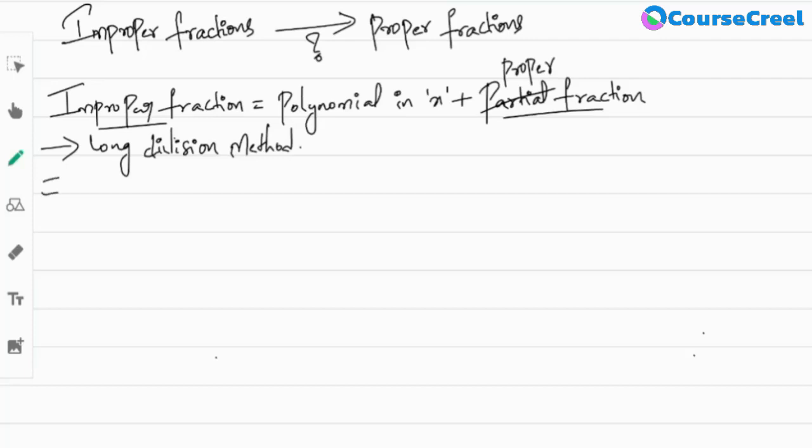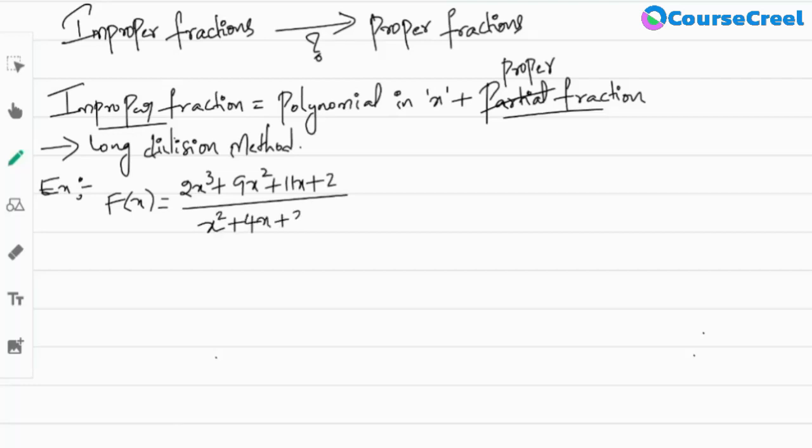So let us see with an example. Consider f of x is given as (2x cube plus 9x square plus 11x plus 2) by (x square plus 4x plus 3).